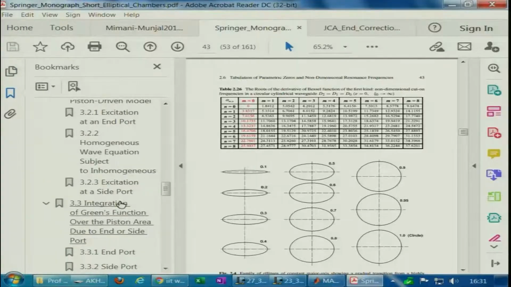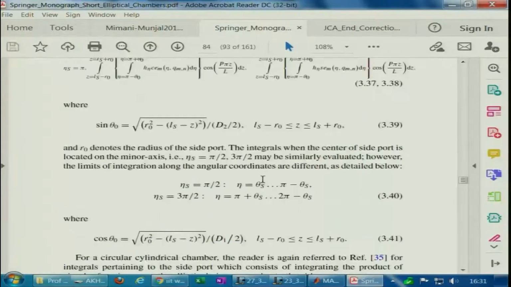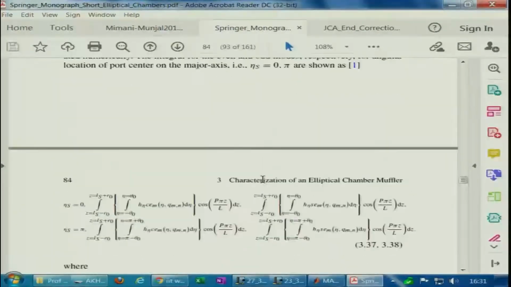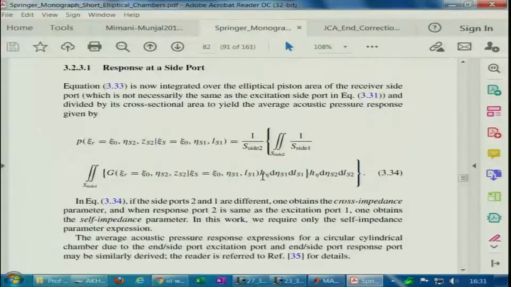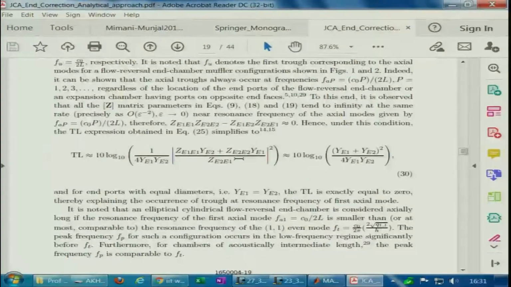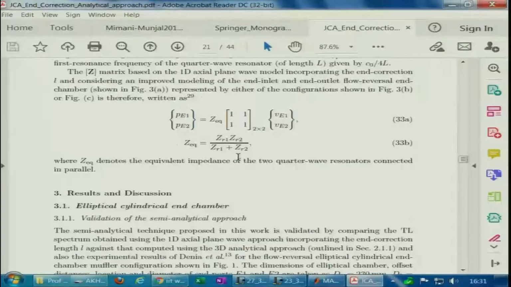So, for the end port, these are the integral formulations for the end port, but I guess we can have a look at such formulations for this port just in a while.